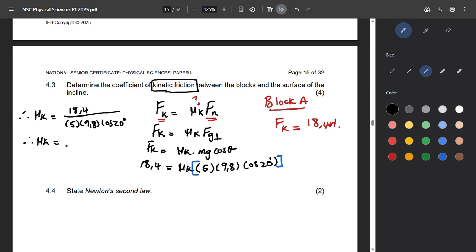This should be 0.4. Is that what you got? When we round it off to one decimal place, it's 0.4, right? Okay.